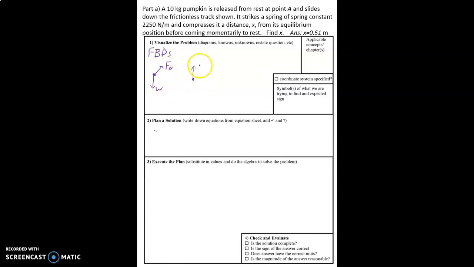Same thing when it's on the horizontal part. And then we've got the final part where it's still on the horizontal, but we've got the spring force acting. So spring and weight are conservative forces, so normal force is the only non-conservative force that acts at any time between initial and final, and so the work by non-conservative forces is 0.